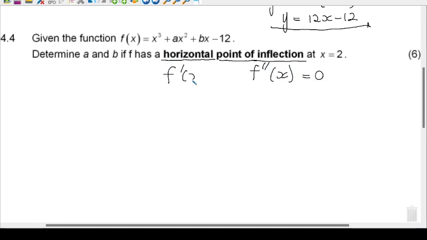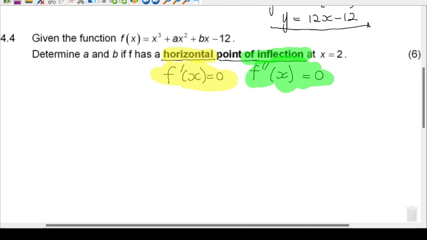And we know that the first derivative is 0 if the function is horizontal. So there's two bits of information embedded in that. So the first derivative will be 0 and the second derivative will be 0 at that point where x equals 2. That's going to allow us to set up two equations which we can solve simultaneously.